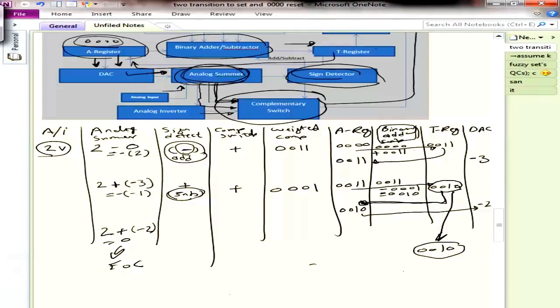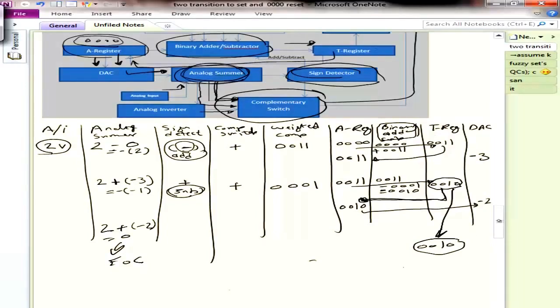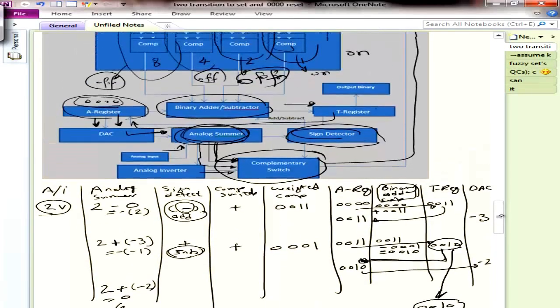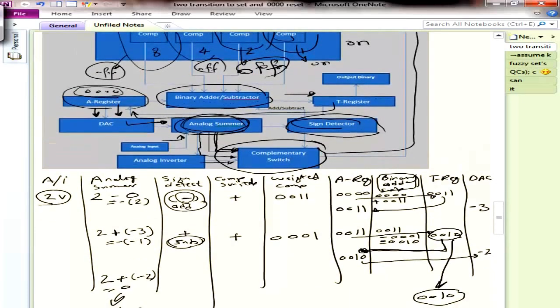Here we want to calculate the number of clock cycles required for this conversion. For the edge-triggered design, which uses both the falling and rising edge of the clock to activate set and reset of registers, putting the output of the addition or subtraction process of the binary adder subtractor into the T register consumes half a clock cycle.